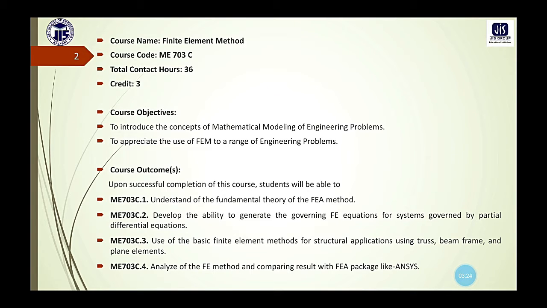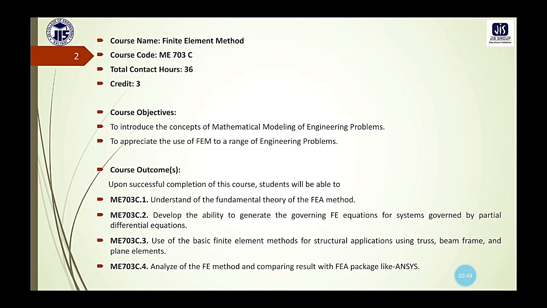There are 4 different course outcomes of this subject. When the course is completed, the students will be able to understand the fundamental theory of the finite element method.